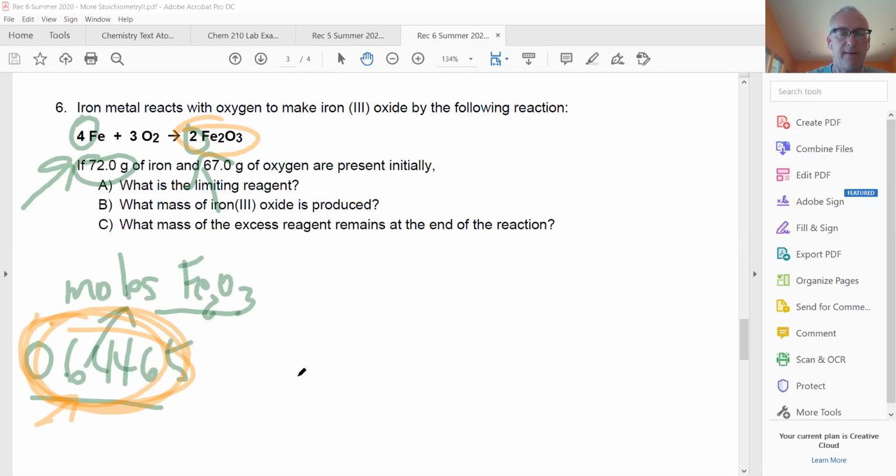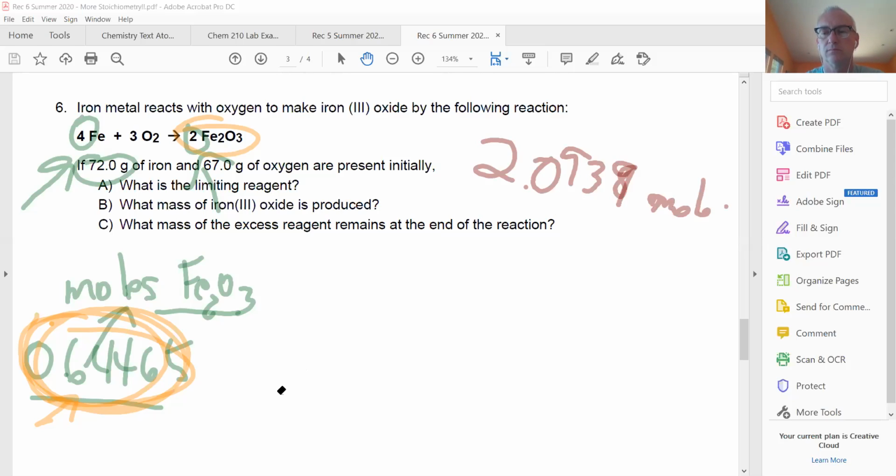At the beginning, you subtract the total mass that was consumed from the mass that was given of the reagent. The mass of the reagent that was used.